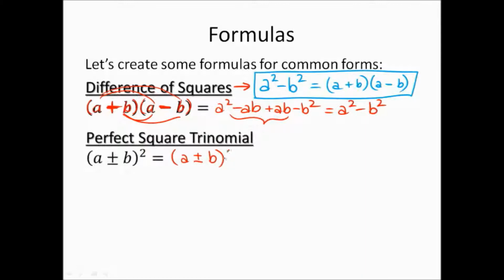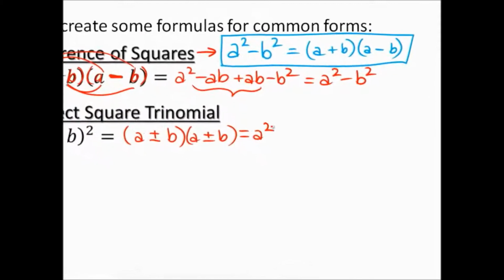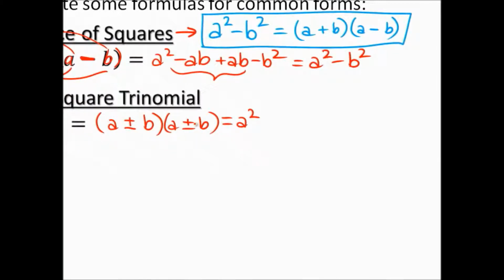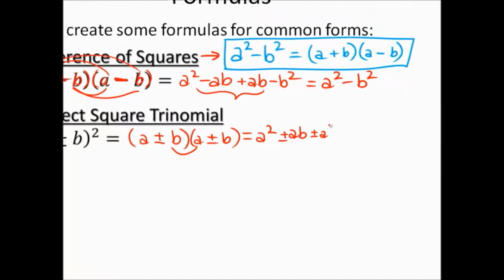Squaring means bracket times itself, so it'd be like this. First times first gives us a squared. A times plus or minus b is going to leave us with plus or minus ab. Plus or minus b times a gives us plus or minus ab again.